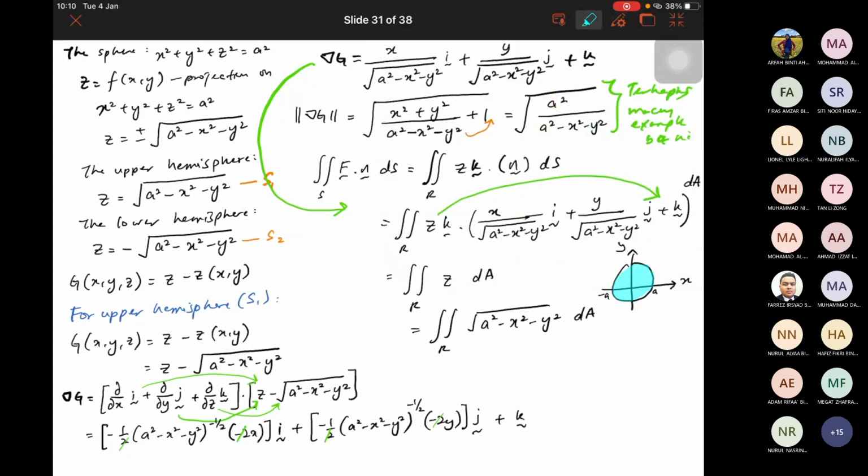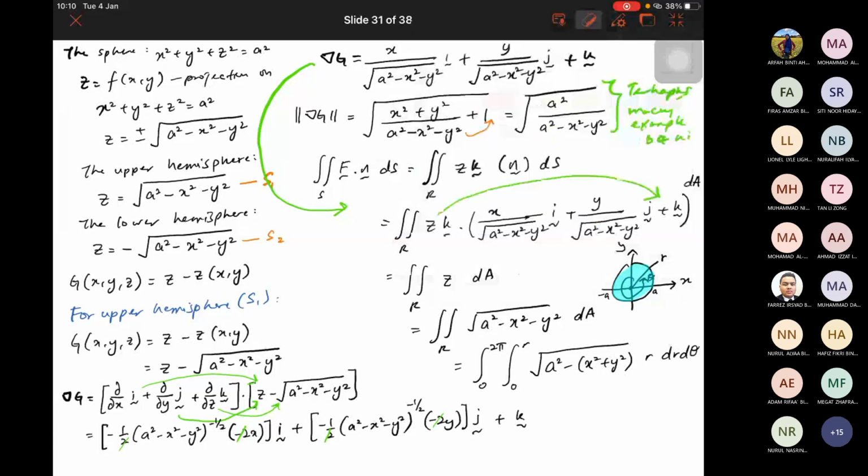Okay, so from here we change to polar coordinates with r and also theta. So it will be integrate from 0 to 2 pi, 0 to a, square root of a squared minus x squared plus y squared, r dr d theta.